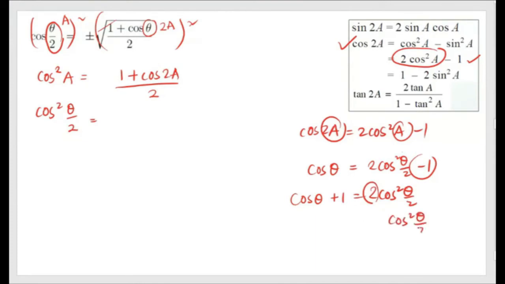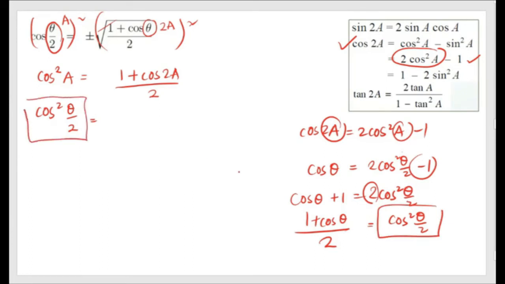Cos square theta over 2 equal to 1 plus cos theta over 2. The 2 moves to the front, divide. So you have cos square theta over 2 equal to 1 plus cos theta over 2. Is it the same?